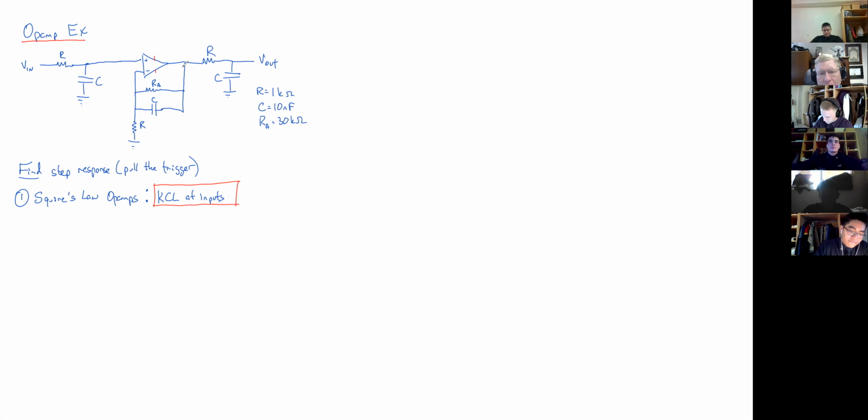So it doesn't seem to obey KCL at the output, but it does at the inputs, because what's the current that goes into the input of an op amp? Philip? How much current goes into an op amp? Isn't it like 0? Right. Nothing goes into the op amp. That's right. For an ideal op amp, I going into it is equal to 0.